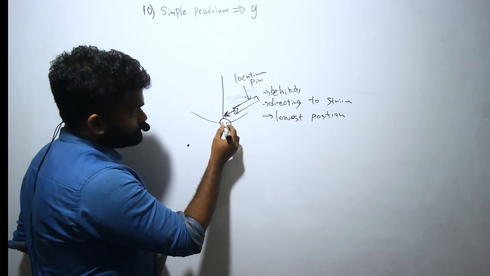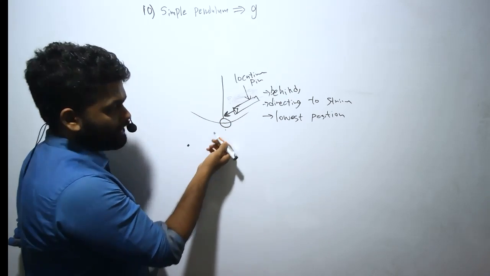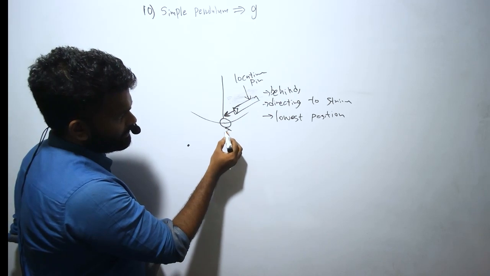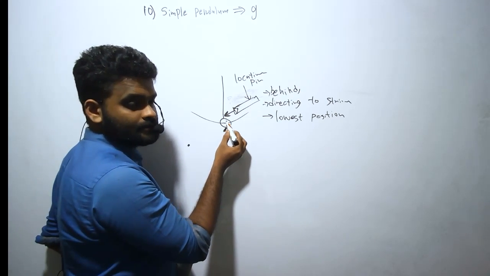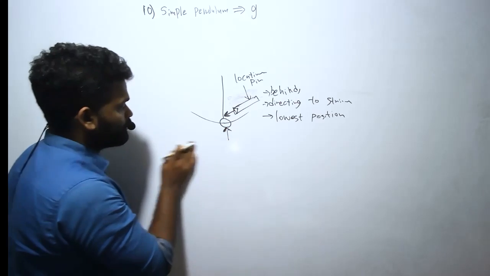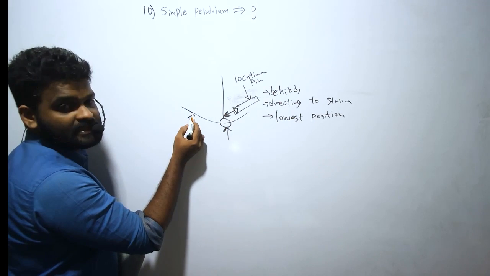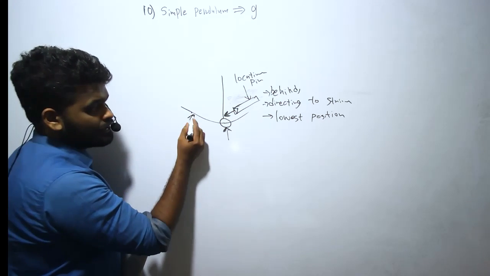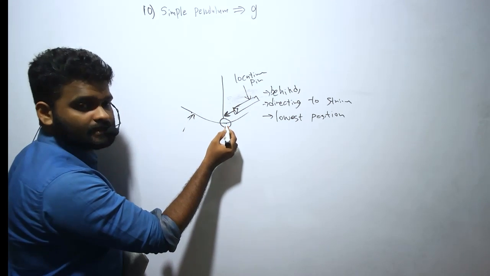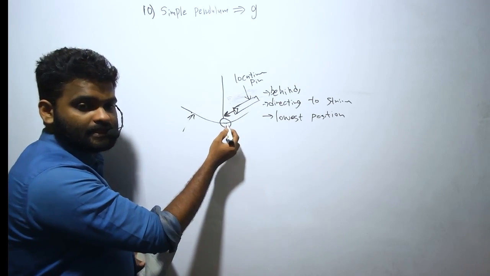So the oscillation happens like this, right? So you have to place the locating pin at the lowest point and direct it into the string. You cannot put the locating pin somewhere here, right? You have to put that at the lowest point. There are reasons for that, I'll explain those.